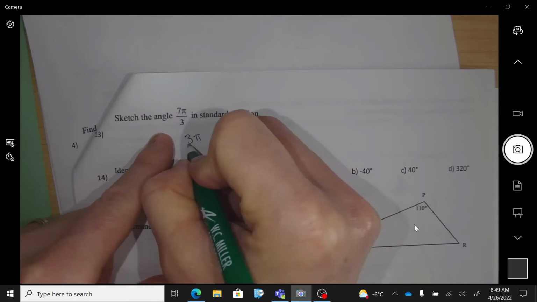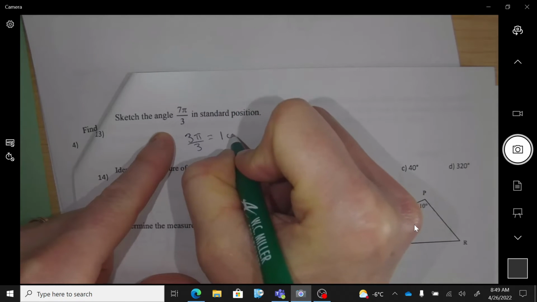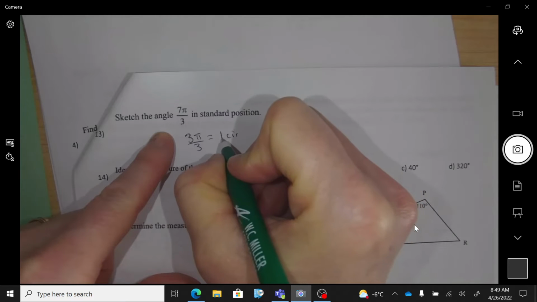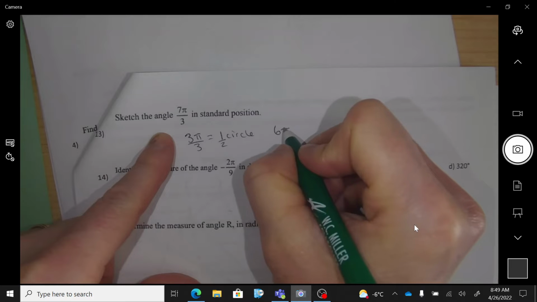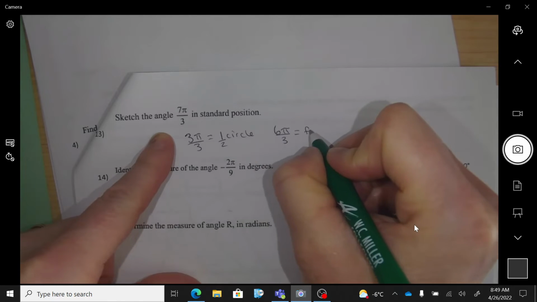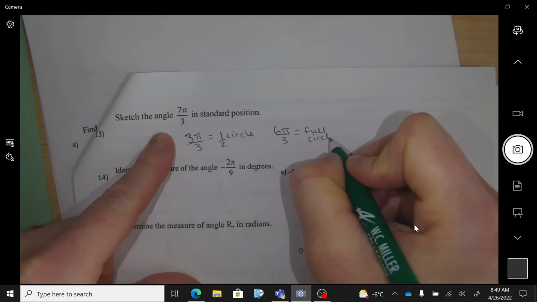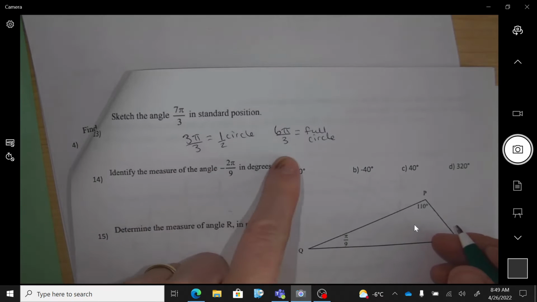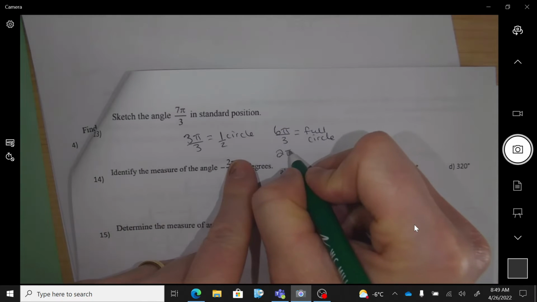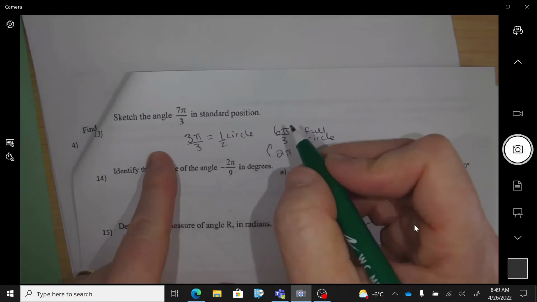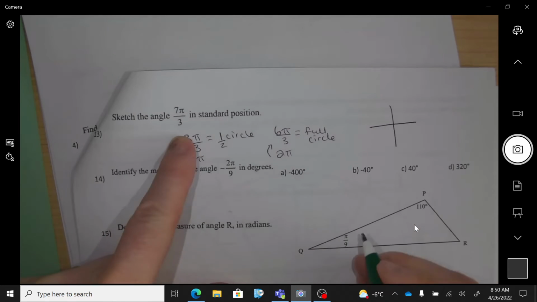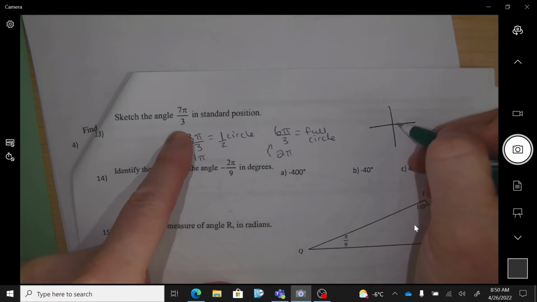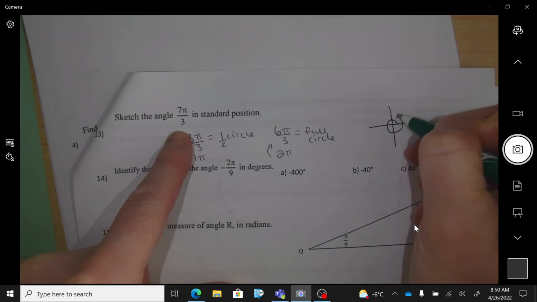So 3 pi over 3 would equal a half circle. That's 1 pi. And 6 pi over 3 would equal a full circle. Okay, that's 2 pi. So if I do 7, I'm more than a full circle. So 6 and then 7.